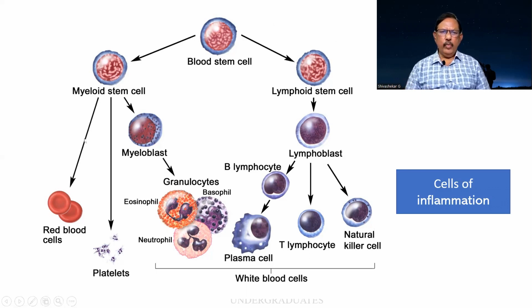Beautiful. That is one side. As I told you, I am interested in the right side. There is the lymphoid stem cell, lymphoblast. The B lymphocyte gets converted into its cousin, the plasma cell, another cell for inflammation. Then there is a T lymphocyte and the NK cell. Please remember this. It is a beautiful picture. It will be useful for us throughout pathology.